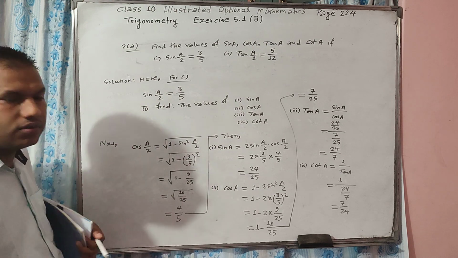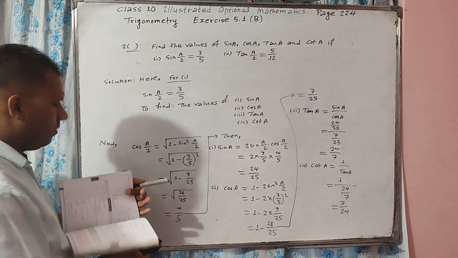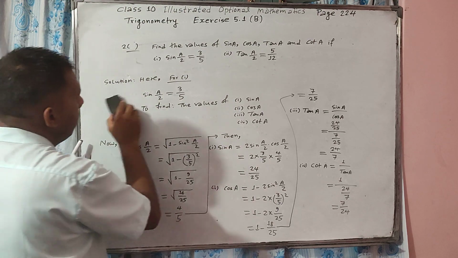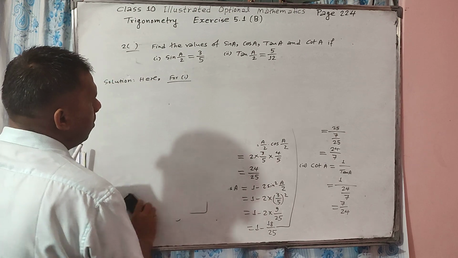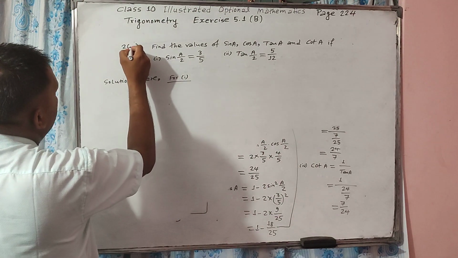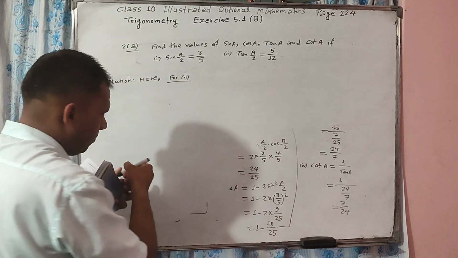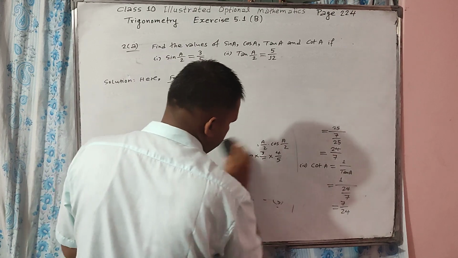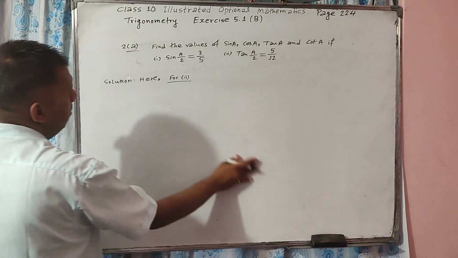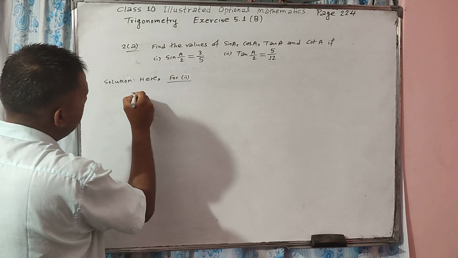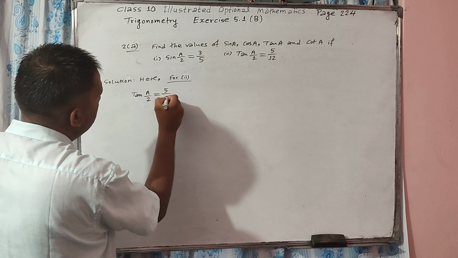Okay, students, now we go to next question, 2b. Now for second part, II, tan A by 2 equals 5 by 12.